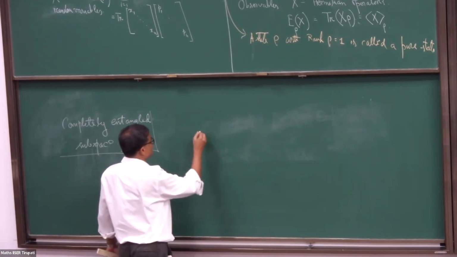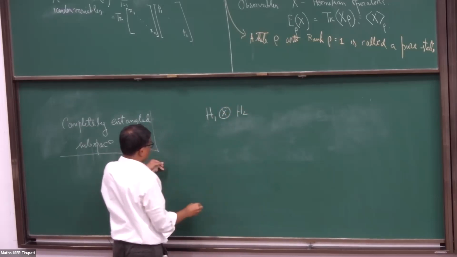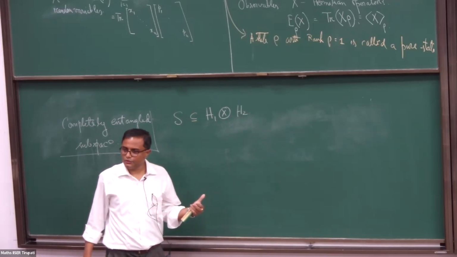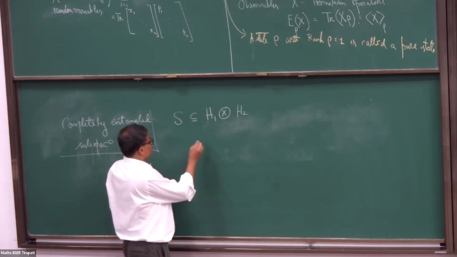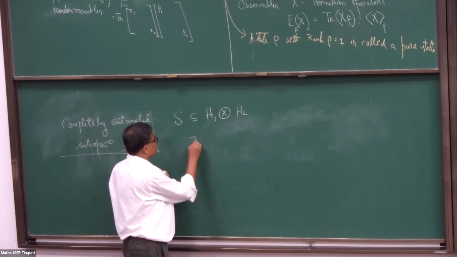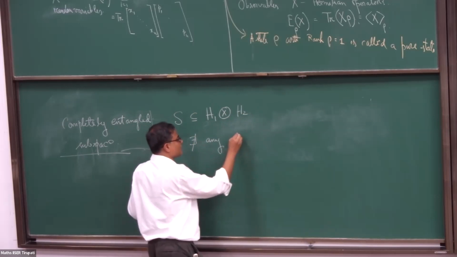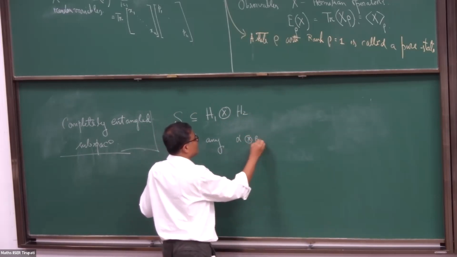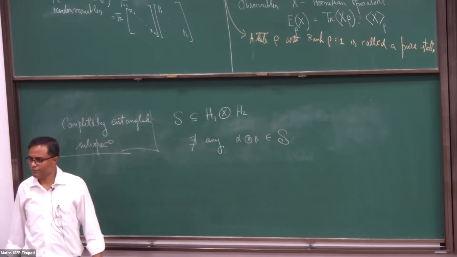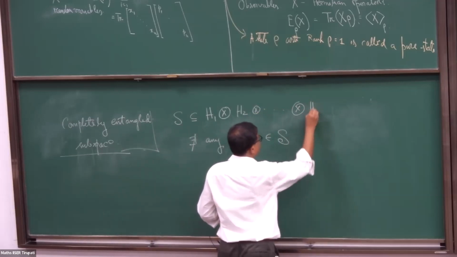So you take the Hilbert space H1 tensor H2, you take a subspace S of H1 tensor H2 such that there does not exist any product vector alpha tensor beta in S. Maybe I should write it as H1 tensor etcetera up to Hk.